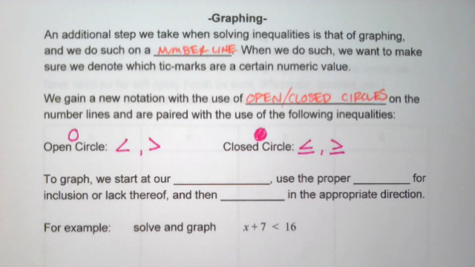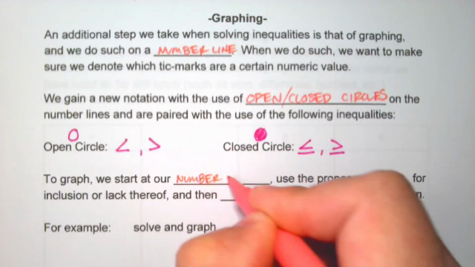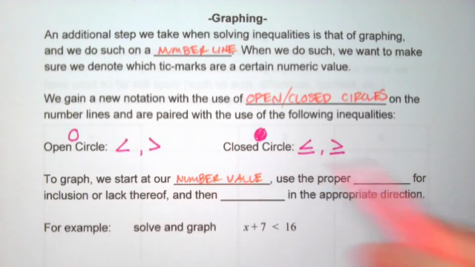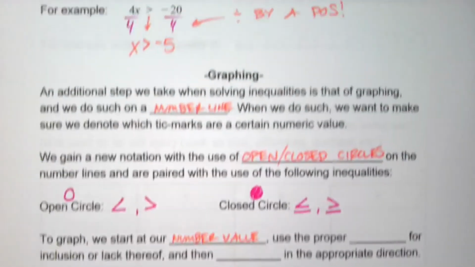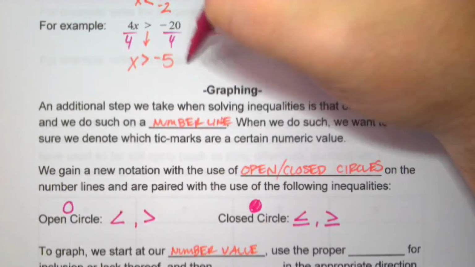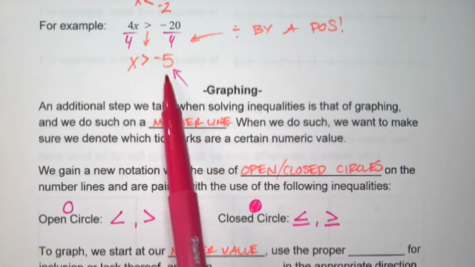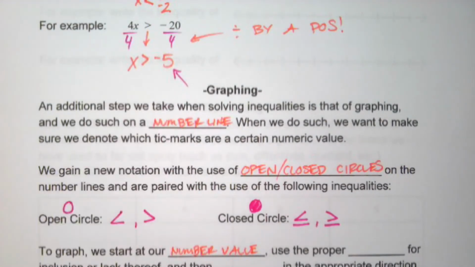Now, how do we even graph in general? So to graph, you're always going to start at our number value. If we look up at that last example, our number value is what we end up solving for at the very end. So in that last example, we'd start at -5.